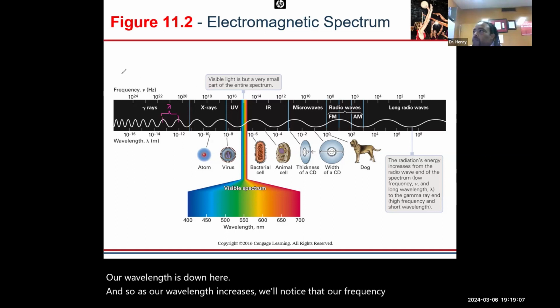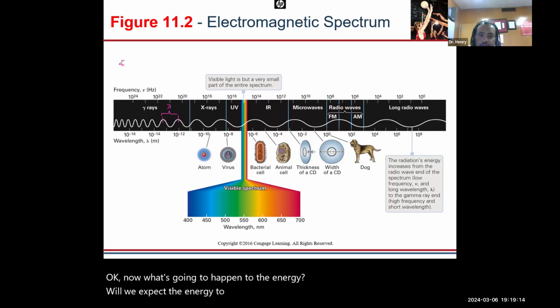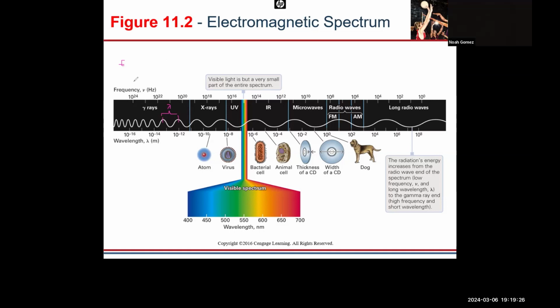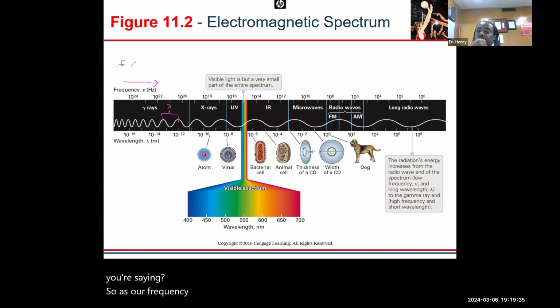Now, what's going to happen to the energy? Will we expect the energy to increase or to decrease? Increase. So as we move in this direction, we'd expect it to increase. Is that what you're saying? As our frequency gets smaller, we expect our energy to increase or to decrease?